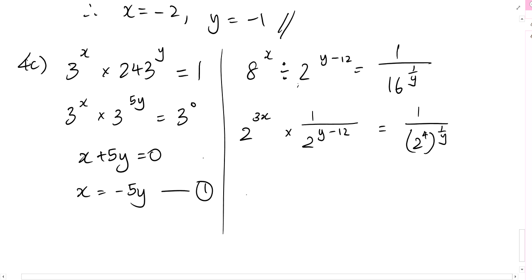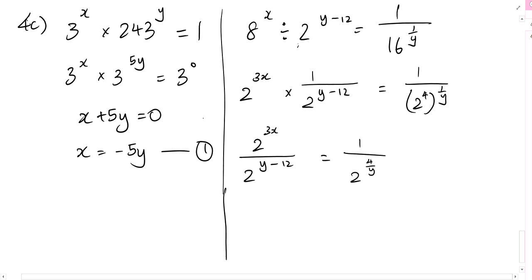On the left hand side, I've got 2 power, okay, there are a few ways you can try doing this. So this is 2 power 3x divided by 2 power y minus 12 equals, and on the right hand side, 1 over 2 power 4 over y. So these two are the same. My strategy is still the same. I still want to compare powers only.